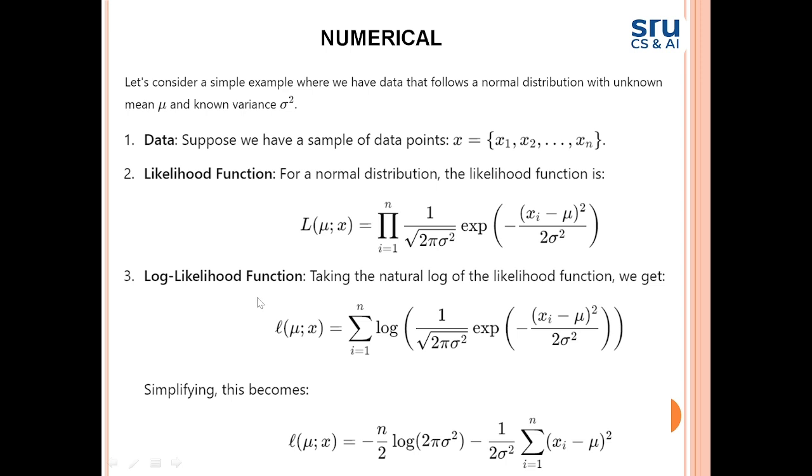The log likelihood function is given by this equation. Here we have to take the natural log of the likelihood function. Then by simplifying this log likelihood function we get this equation.